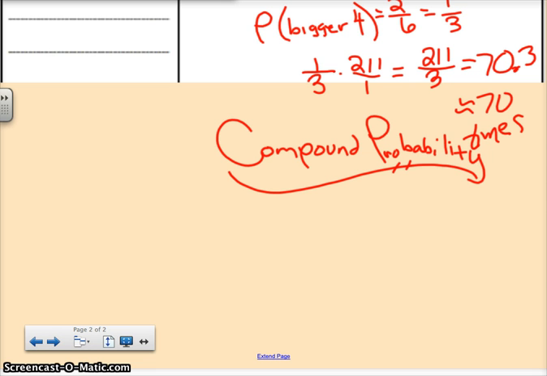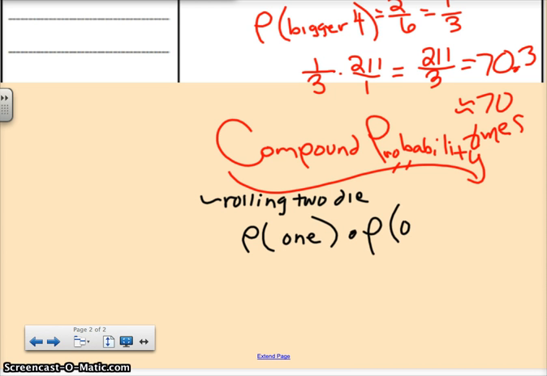Compound means more than one probability. An example would be rolling 2 die. I have a probability of one and a probability of another, and they're compounded. So what you do is you do the probability of one, and you times that probability by the probability of the other one.